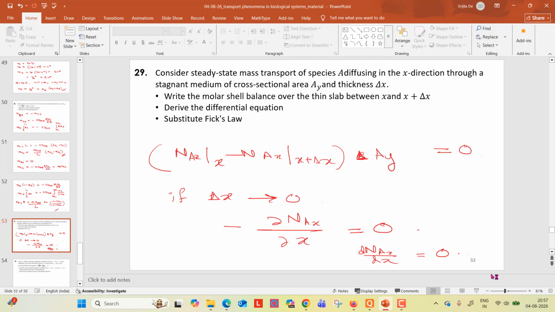The third question is to substitute Fick's law. This we have to substitute in Fick's law.